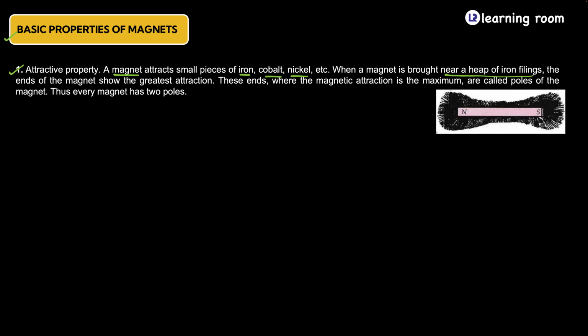So North Pole and South Pole, when you observe how the iron filings are going to get attracted, they will take this kind of a shape. You see, the density of filings is going to be more near the poles because it has greater strength compared to the length. Am I right? So that's what they're saying: the ends of the magnet show the greatest attraction. These ends where the attraction is maximum are called the poles of the magnet.